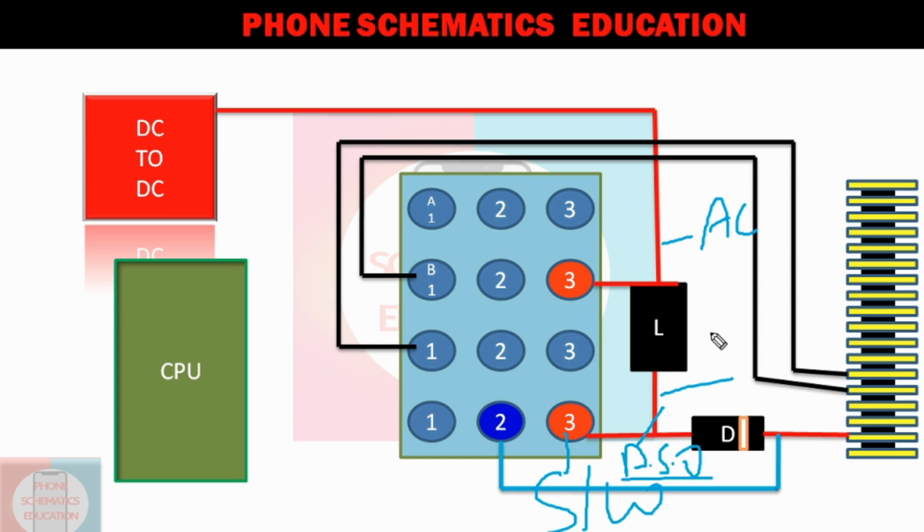Your display turns on, suppose, but sometimes you need less brightness, sometimes you need more brightness. So to control the brightness, you need one more line. This line is called CABC, also PWM, pulse width modulation.